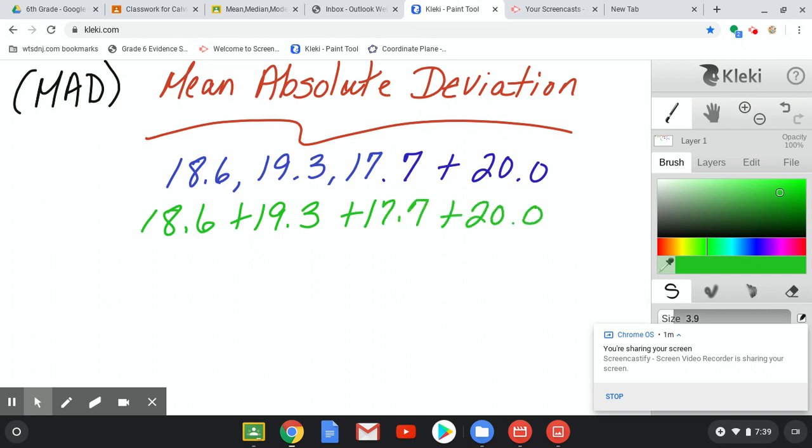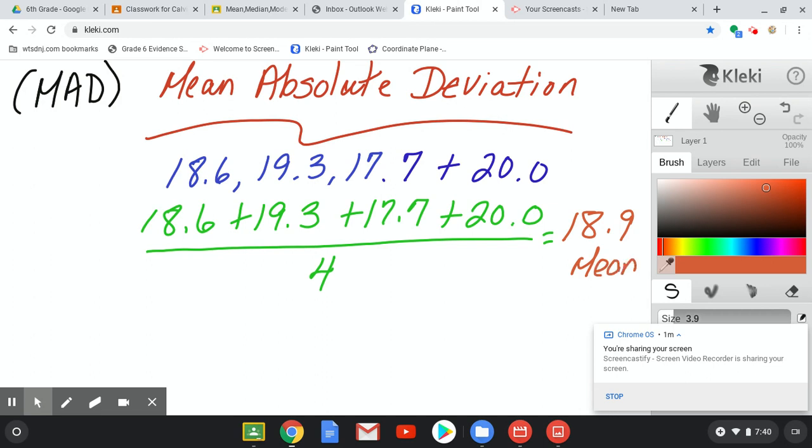I'm going to add 20.0, and then I'm going to divide that by how many numbers I have in my data set, which is 4. So my mean for this data set, if I did it in my calculator, I would get 18.9 as my mean.